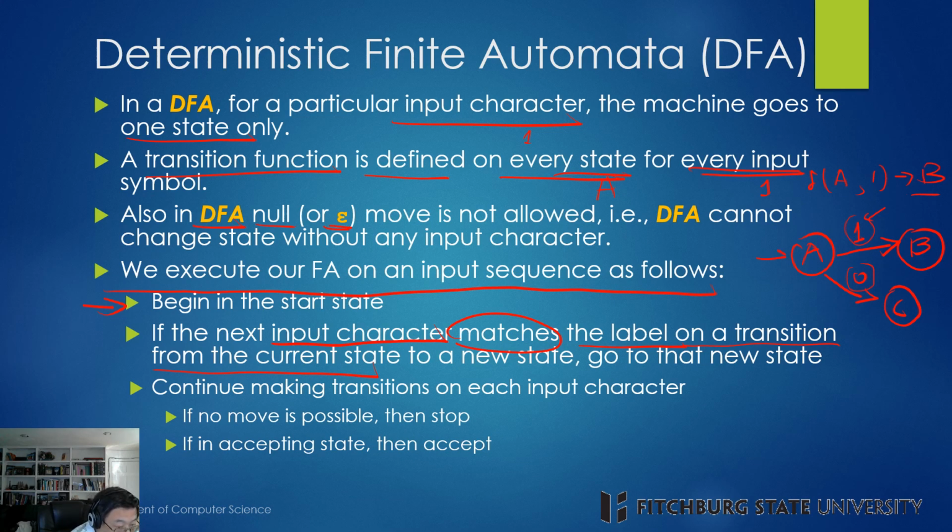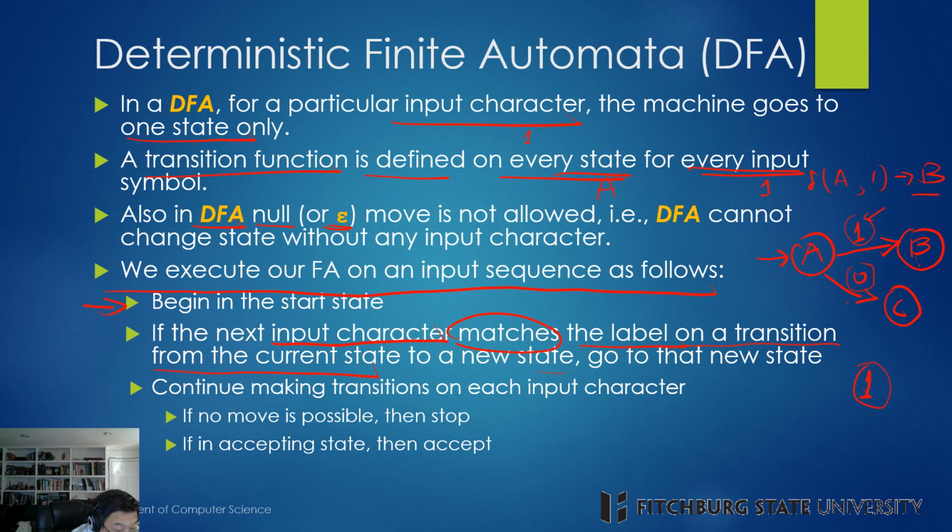If that's the start state, the next input character is the first character. If the input character is 1, then from the current state, the label 1 goes to state B, and label 0 goes to state C. The next input matches the label on the transition from the current state to the new state.